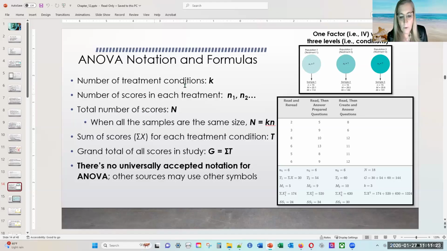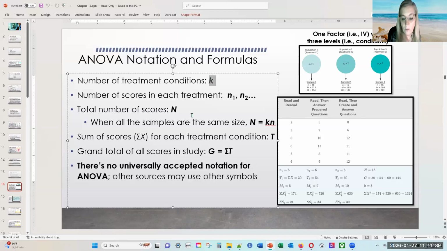There's also different notations that we need to remember for ANOVA formulas. So when we're talking about a treatment condition or a treatment level or a group within your factor, that notation is referred to as K. So that's a group. So here for this example, we have K equals 3.